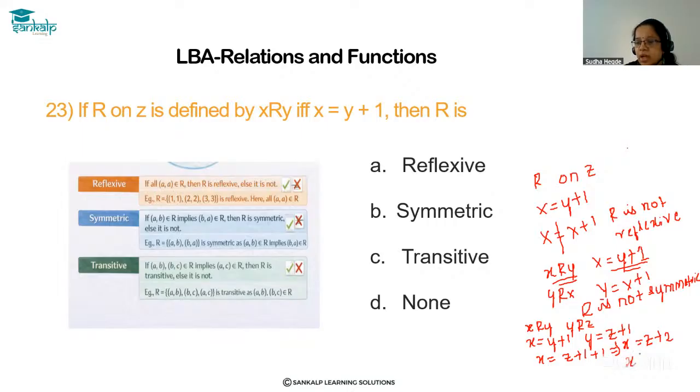Therefore, x R z is not true. Therefore, R is not transitive.